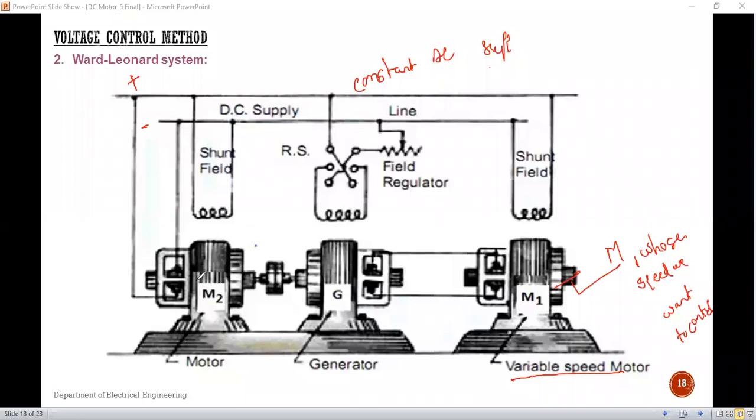Now this motor is a constant speed motor. Either it may be an AC motor or it may be a DC motor. एक तर AC असेल or it may be DC असेल. Here in this figure we have used the DC motor. त्याच्यामध्ये DC motor use केले बघा, whose field can be connected to a constant DC supply. Then supply is provided to motor M2. It is also a constant supply. जो काय provide केले it is constant असेल.